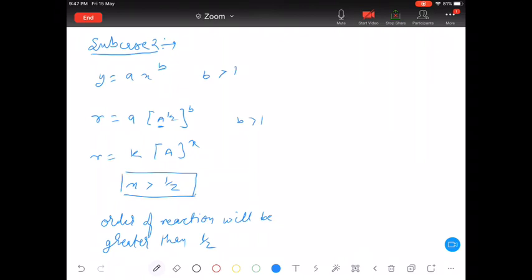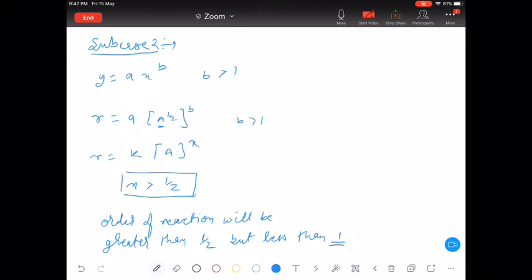So what we have proved here is, if we obtain such a curve in sub case 2, then it is greater than 1 by 2 but less than 1, which we have already proved.